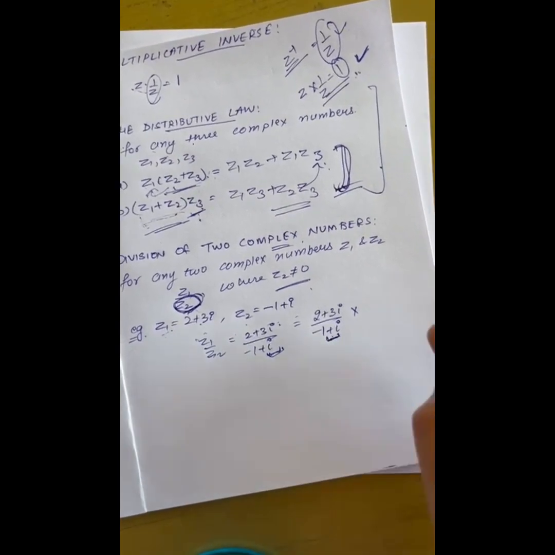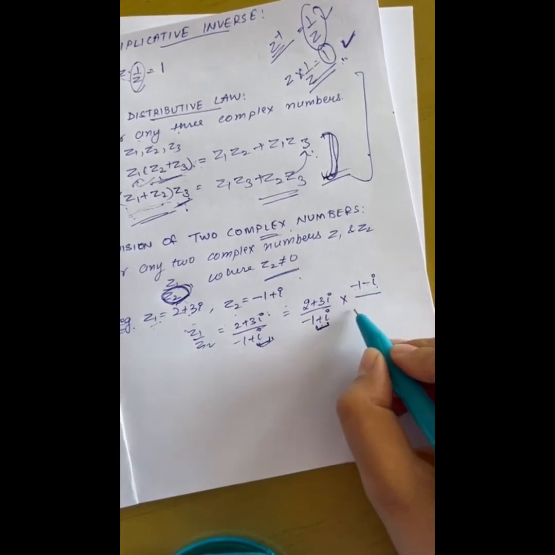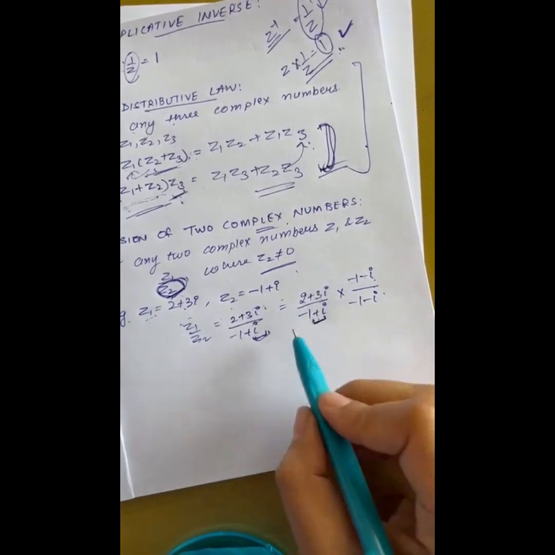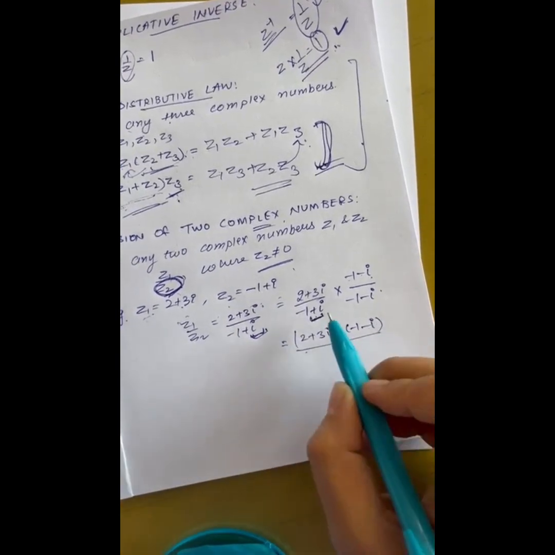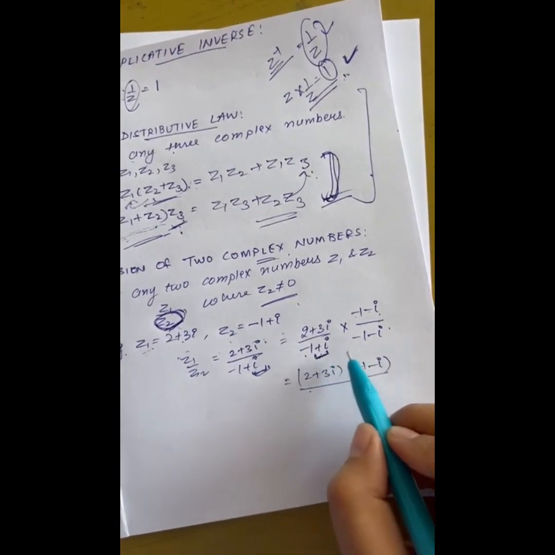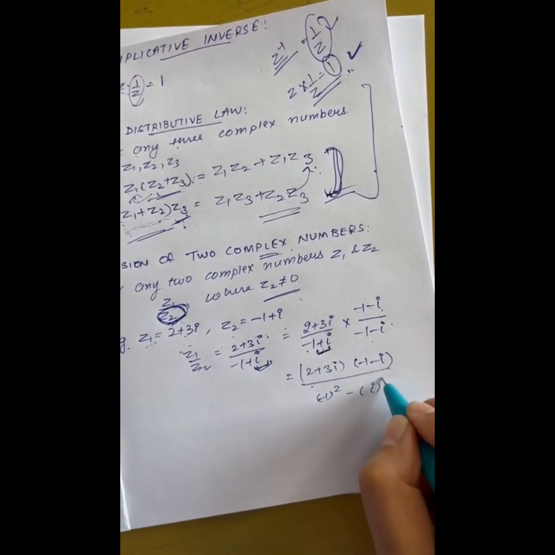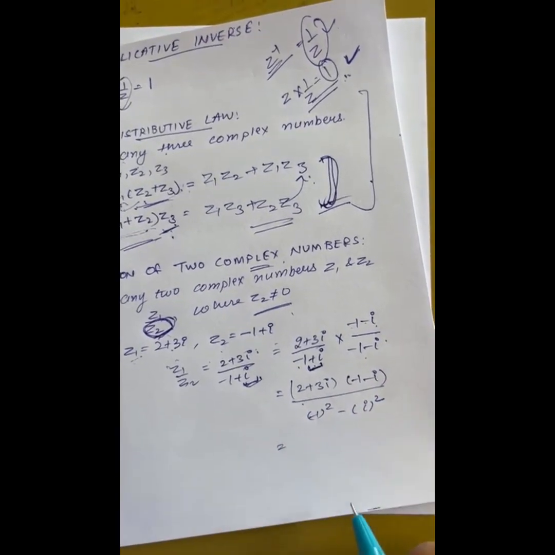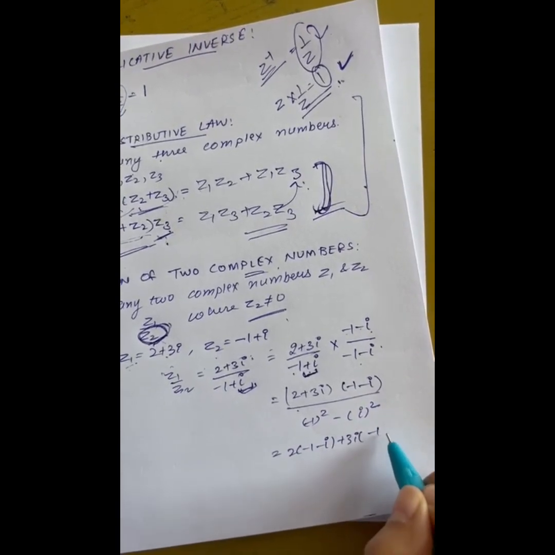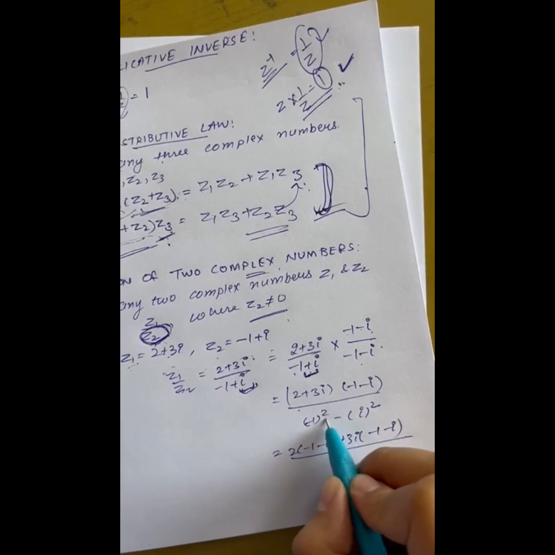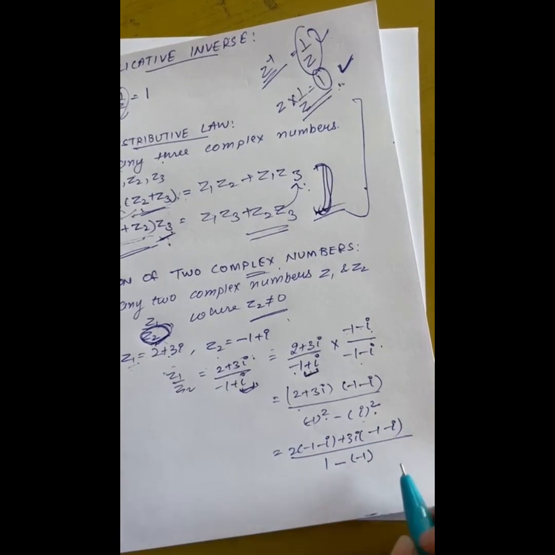So here it is plus, so it will become (minus 1 minus iota) in both numerator and denominator. Now first we will solve the numerator, (2 plus 3 iota) into (minus 1 minus iota), and the denominator is the identity (a plus b) into (a minus b), so a square minus b square: square of minus 1 minus square of iota.